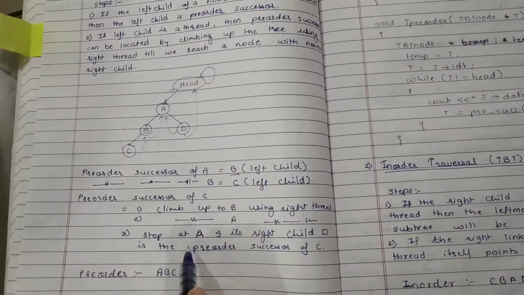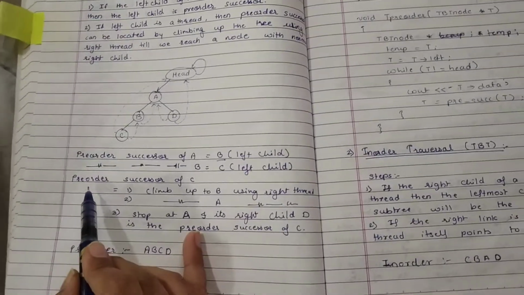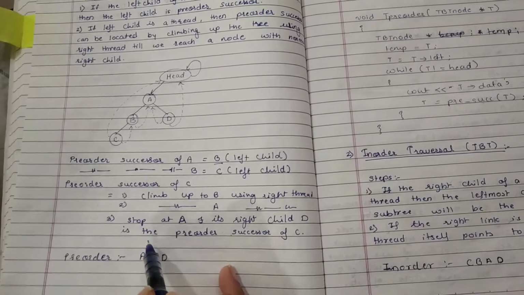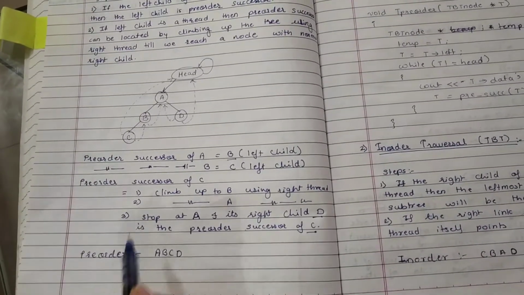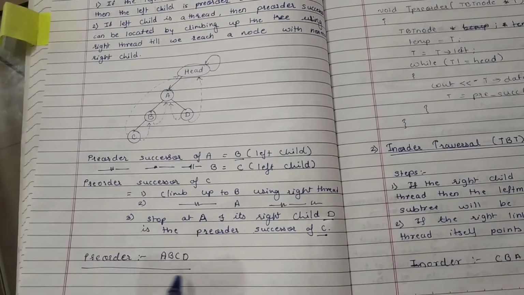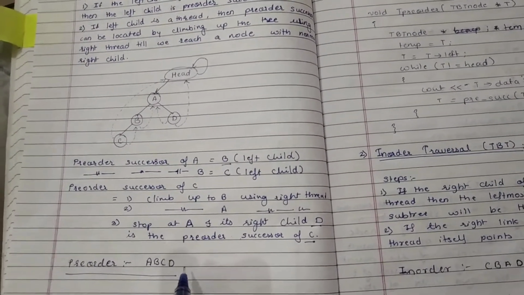So we stop at A, and its right child D will be the pre-order successor of C. Here D is the pre-order successor of C. Hence we can find the pre-order of the given tree, which is A, B, C and D.